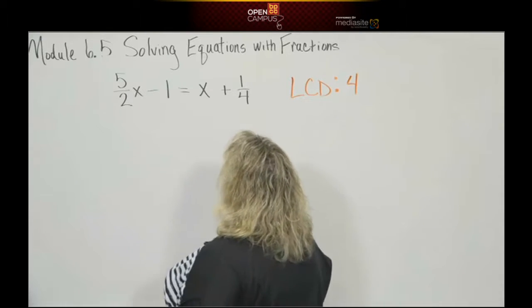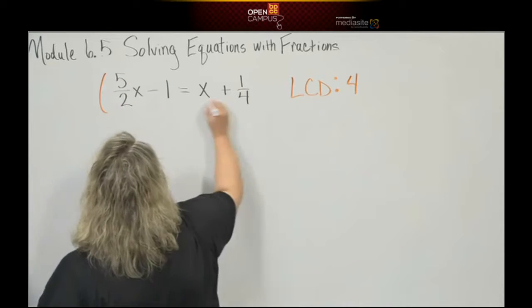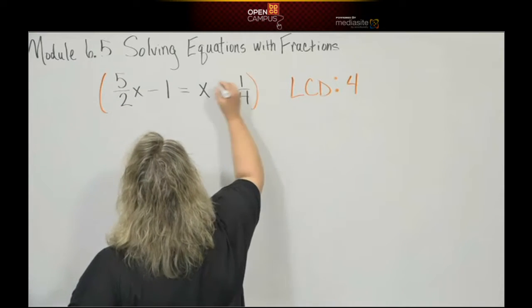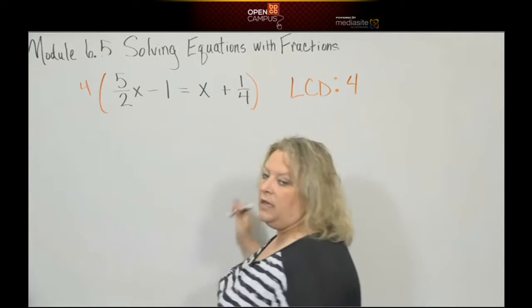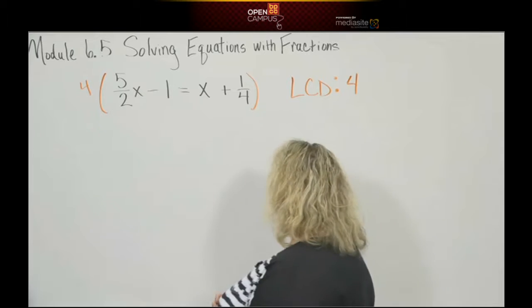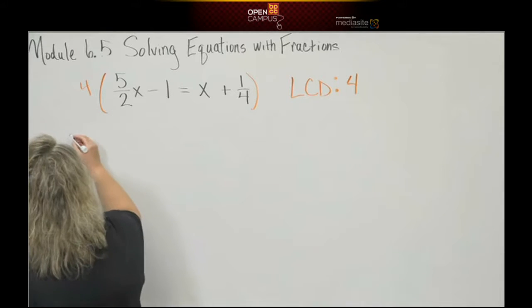So again, you can do one of two things. You can either show me that you're going to distribute the 4 to everything this way, or you can physically write it all down. I'm going to physically write it all down again.